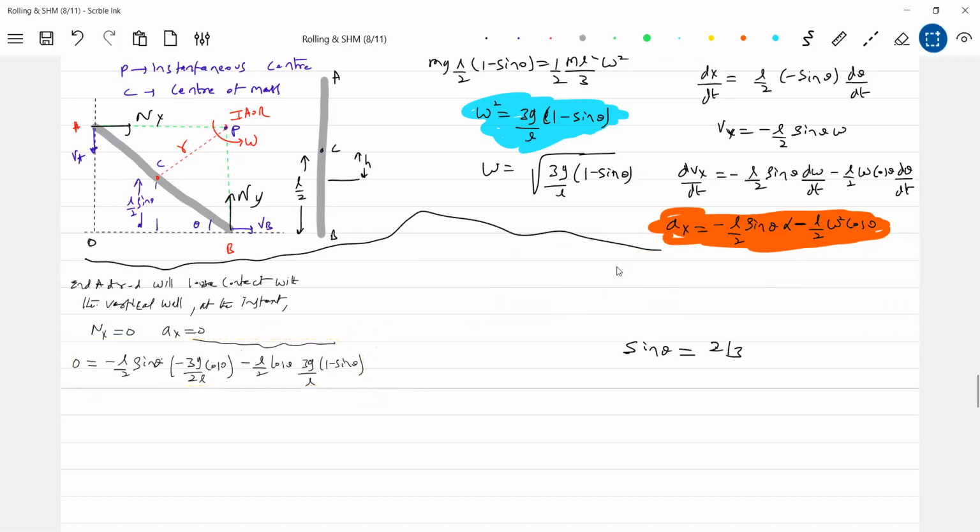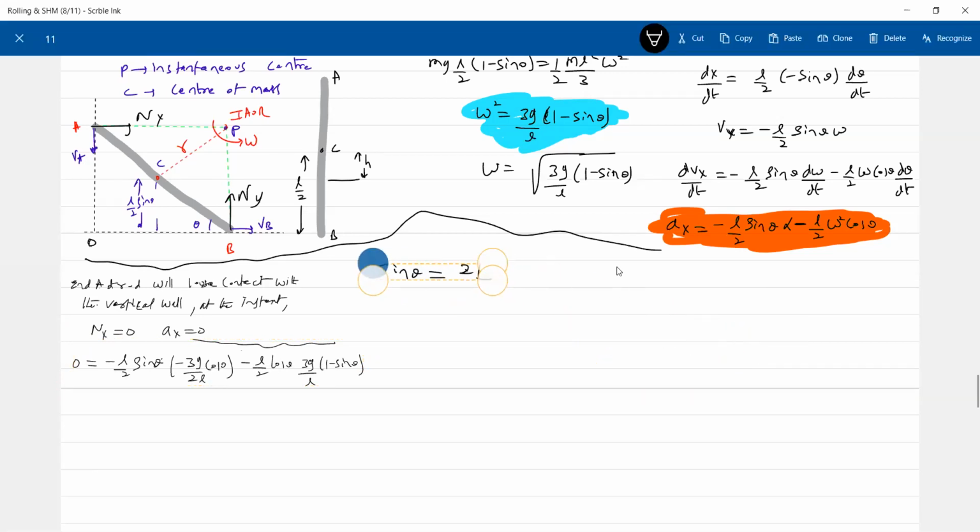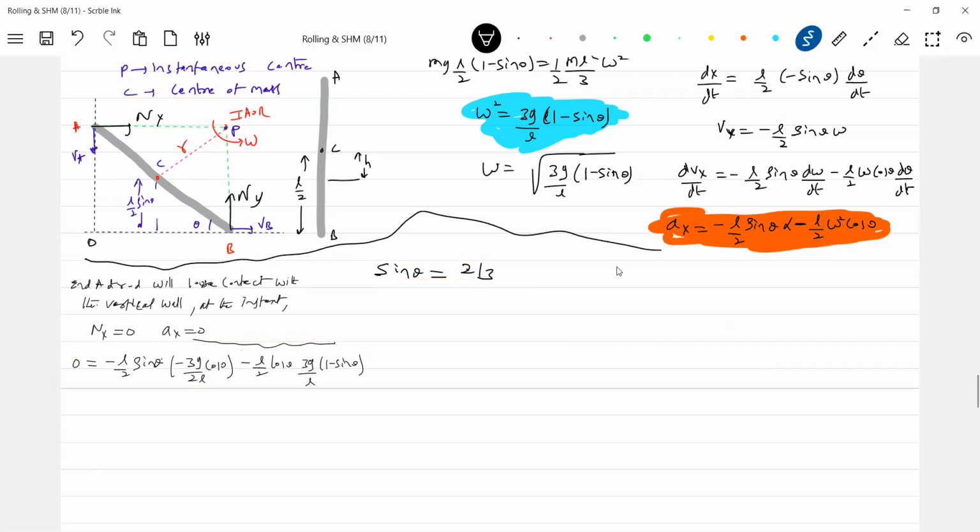Okay, sine theta we got. So the distance OB should be equal to L cos theta, which is L times root of 1 minus sine square theta. So root 5 L by 3. This is what he's asking, the answer.